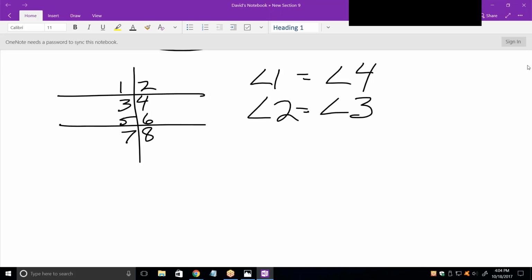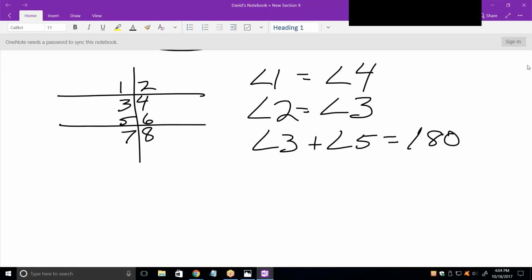Now, angle 3 and angle 5 added together are equal to what? 180, because they're side by side.